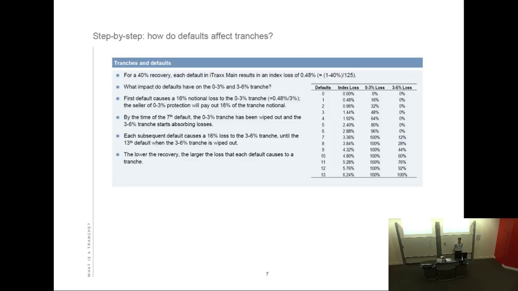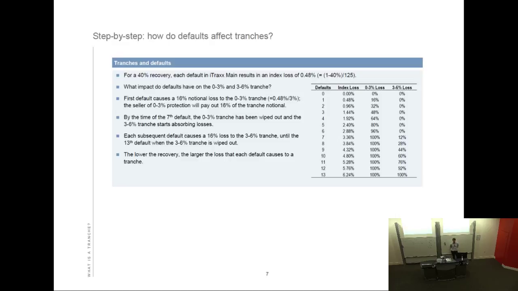And the junior mezzanine is wiped out after 3% of additional losses. So that equates to 12% of a loss. So 12% of notional loss on the junior mezzanine. Okay, and then thereafter it goes very fast, and after another 6 names defaulting, after the 13th name defaulting, the junior mezzanine tranche is also wiped out.